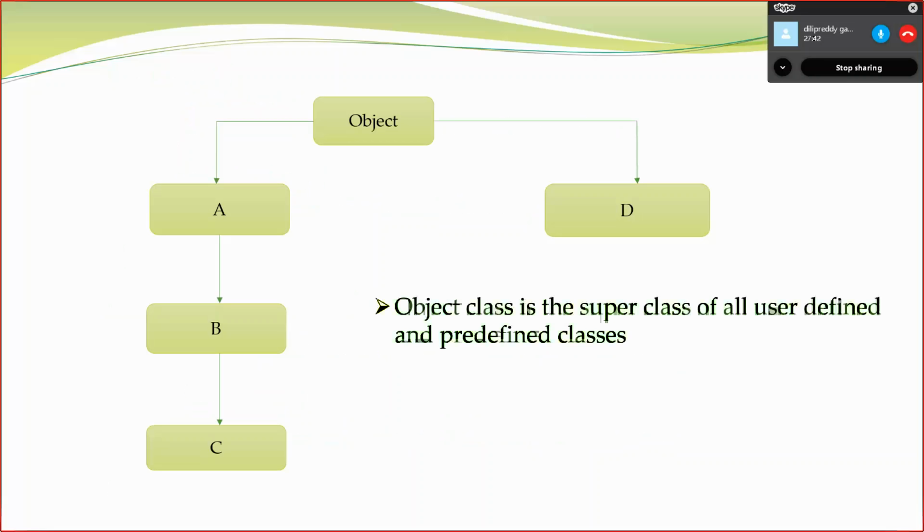That means we can assign B to A, you're getting my point. And then we have C. C is a subclass of A and B both. B has an IS-A with Object. A has an IS-A only with Object, not with B. B not with C. Remember this one, okay?